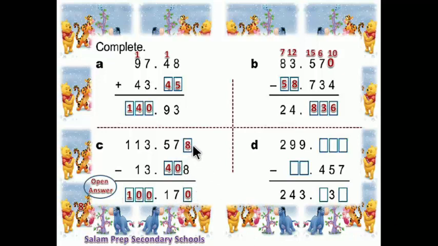There is a missing digit here and a missing digit here. In subtraction, begin with the right side. This problem is open answer. I can use 8 minus 8 equals 0. Okay, you can use 9 minus 8 equal 1. Okay.